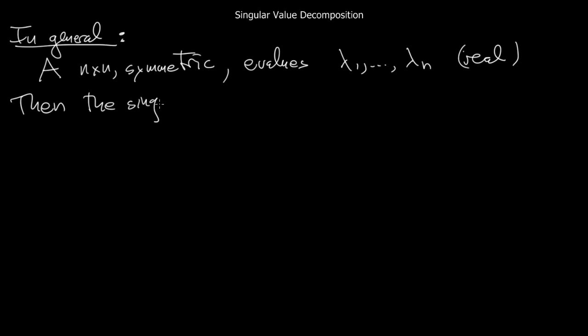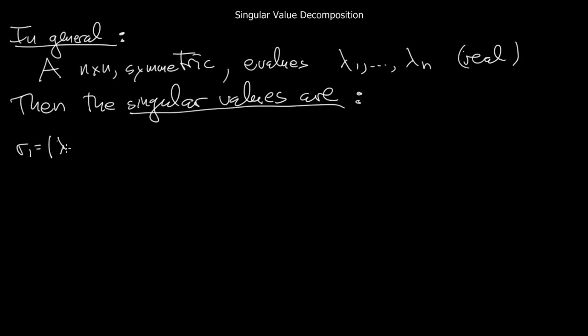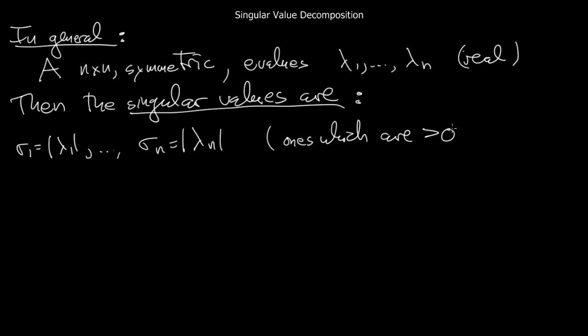Then the singular values of this n by n symmetric matrix are what? They're the absolute values of the lambdas. But you only keep the ones which are positive. We always throw out singular values which are 0.